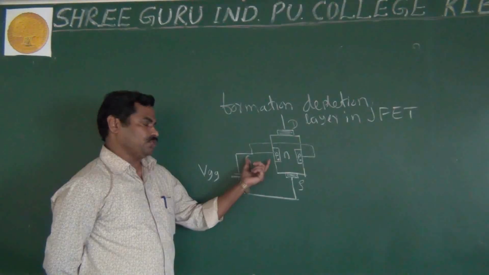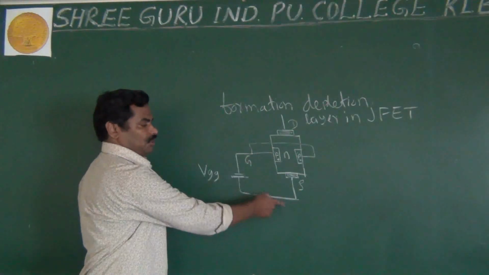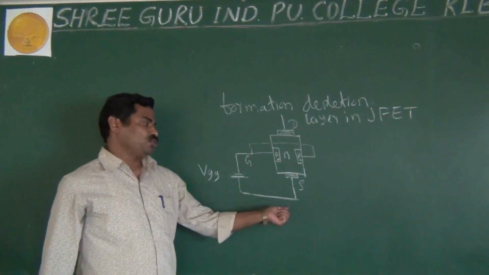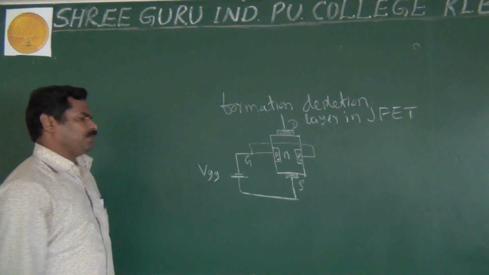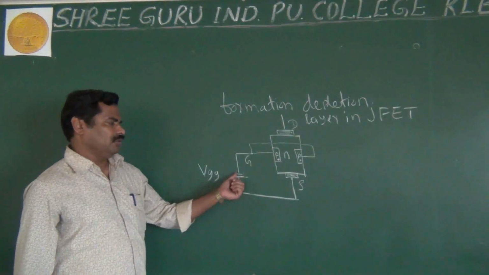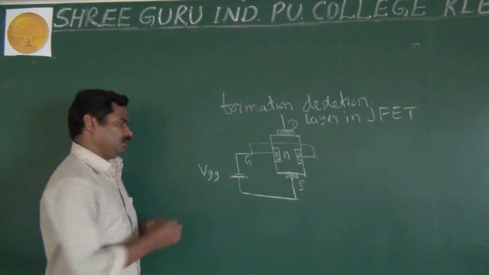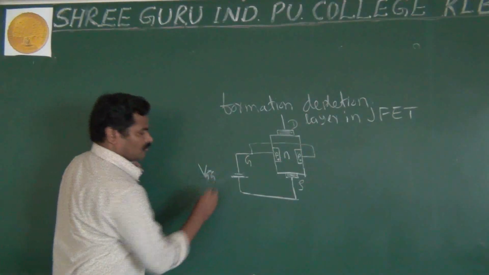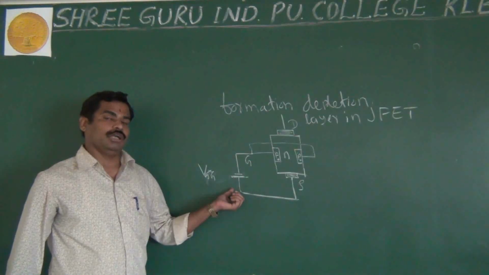In this case, your gate source junction is in the reverse bias. And actually what happens as we increase this VGG, nothing but the gate source voltage? If we increase the gate voltage, what happens?